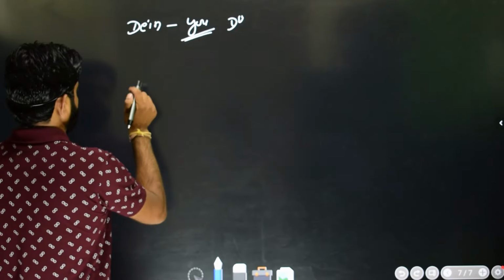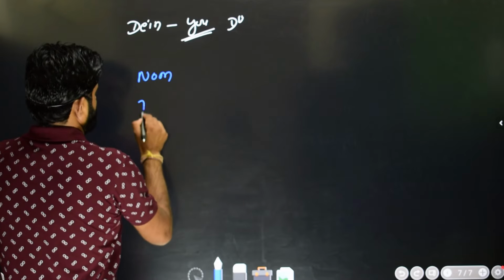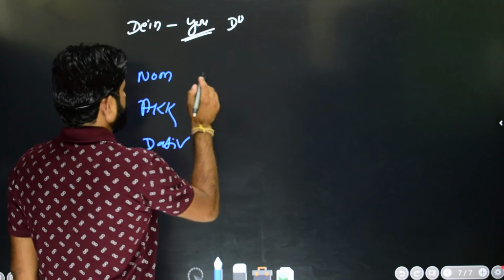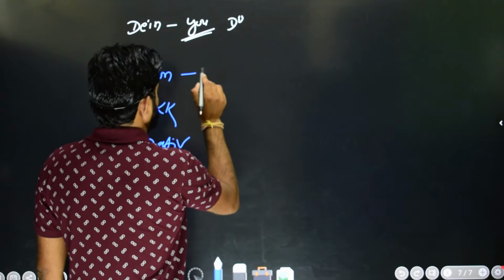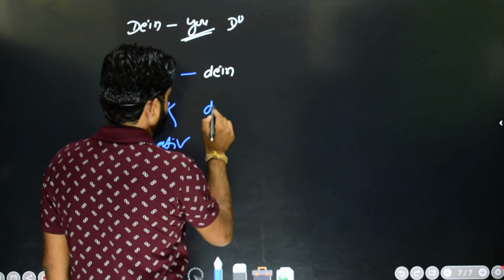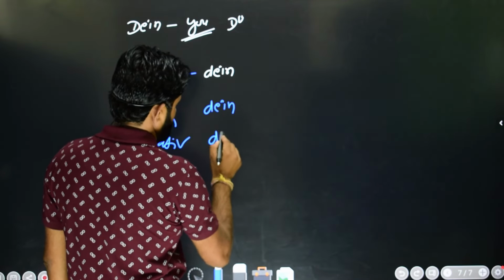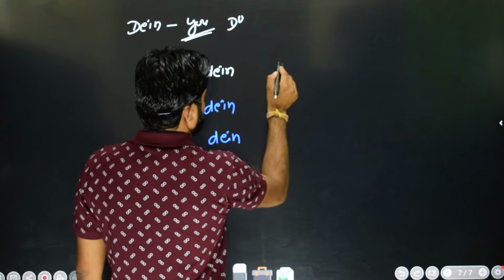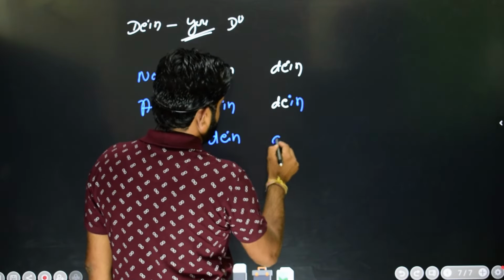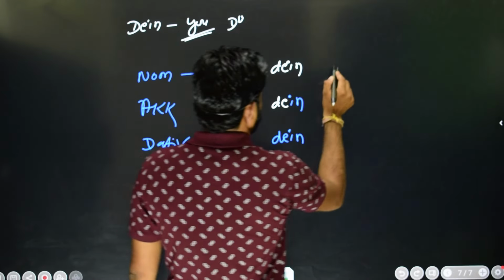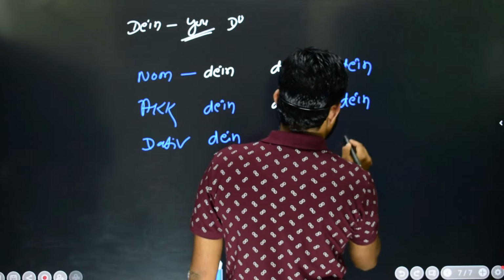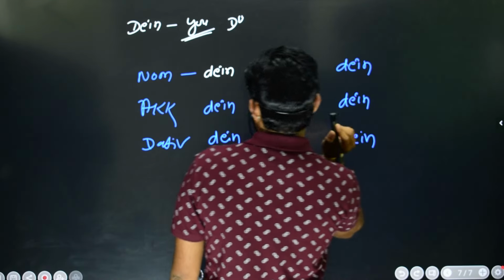So let's write nominative, accusative, dative. First of all, what do we need? We need the base form, that is dein only. Dein, dein, dein. So everywhere I have written dein.